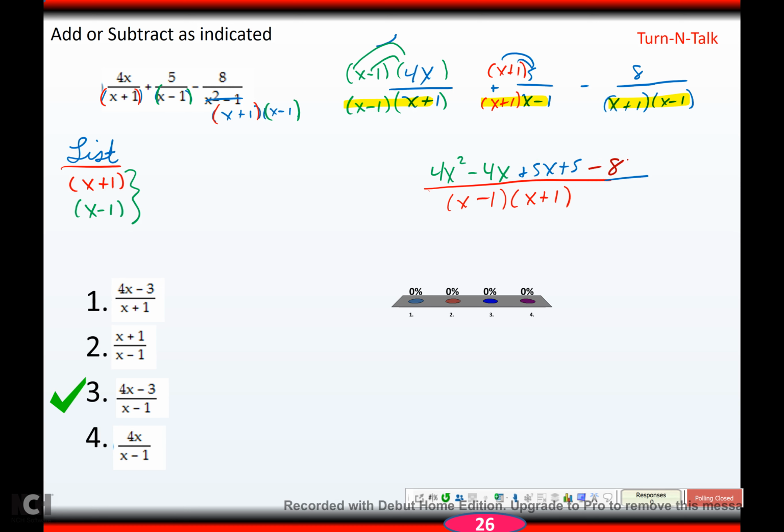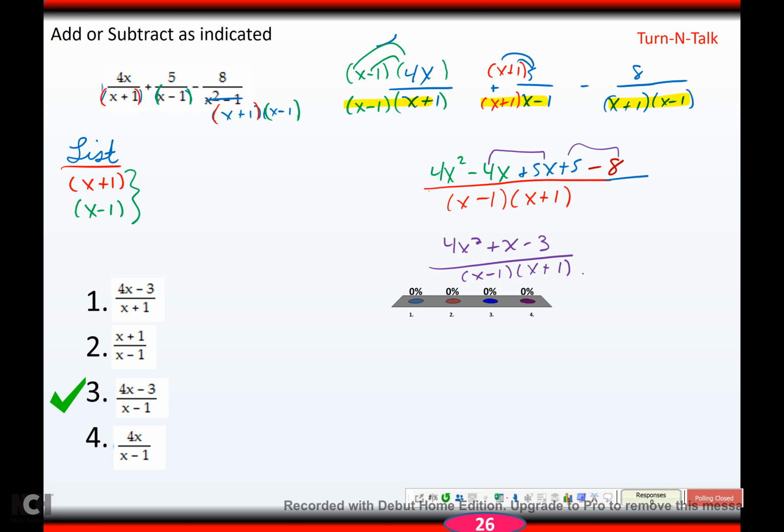So now we're going to clean up the top and then try and factor and reduce. On top, I have 4x squared. Negative 4x plus 5x is x. 5 minus 8 is negative 3. All over x minus 1 times x plus 1.